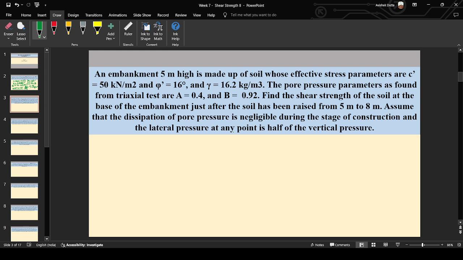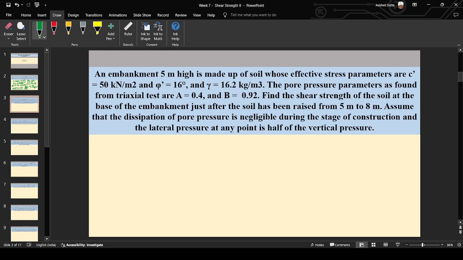Find the shear strength of the soil at the base of the embankment just after the embankment has been raised from 5 meter to 8 meter. Assume that the dissipation of pore pressure during the stage of construction is negligible.